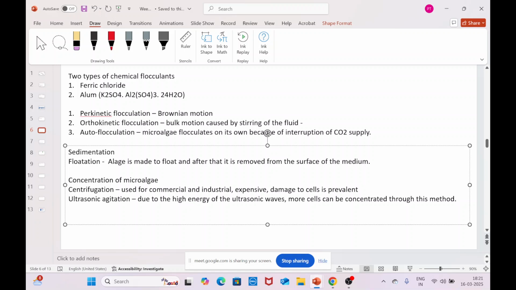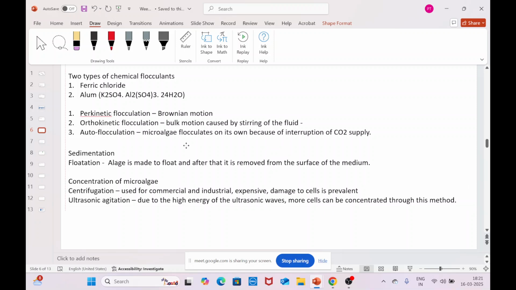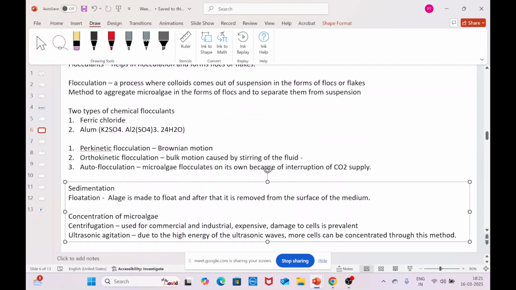So this is one of the main techniques for harvesting microalgae.